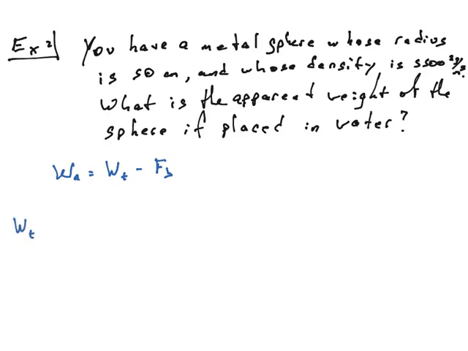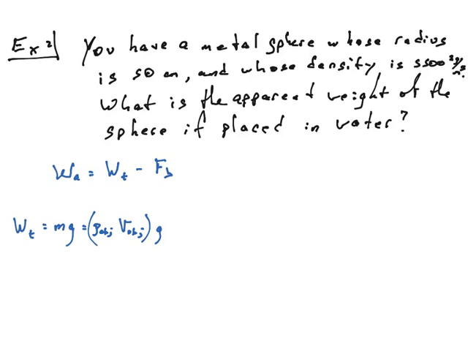So the true weight is mass times gravity. But I'm not given the mass, I'm given the density. So I have to use the density of the object times the volume of the object. That will give me its mass, times g will give me its weight.